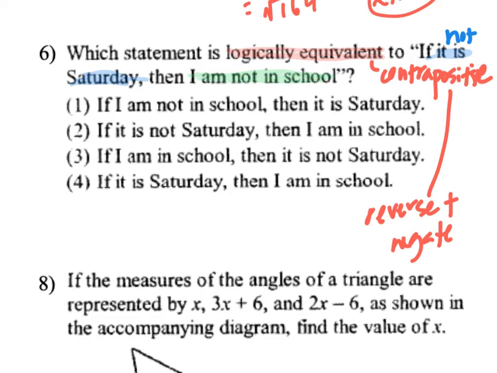So I'm just going to get rid of the not in it to negate it. So then I am in school. And I'm going to reverse these two statements. So instead of saying if it is not Saturday first, I'm going to say if I am in school, then it is not Saturday. So the only answer choice that matches that, if I am in school, then it is not Saturday, is answer choice 3, right?